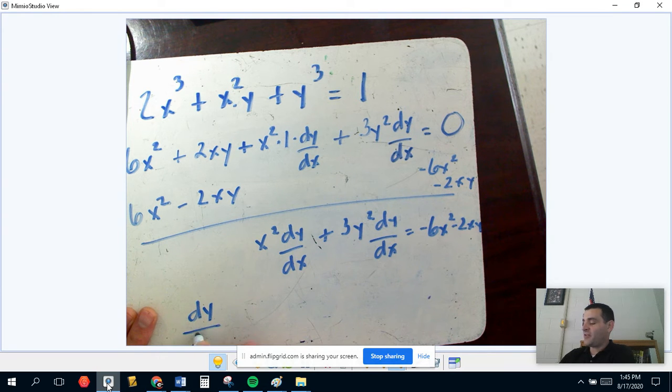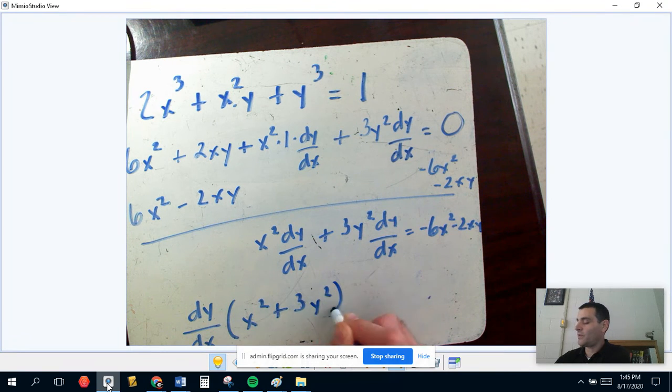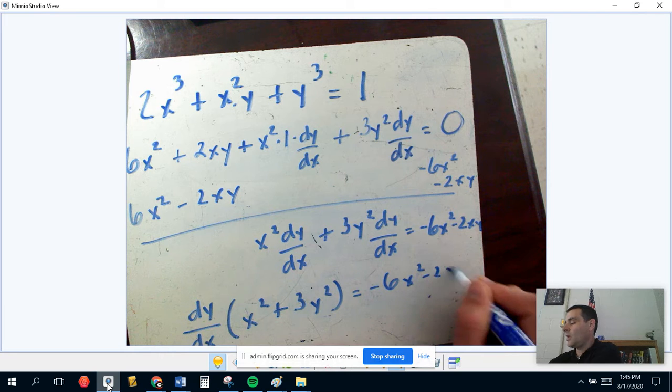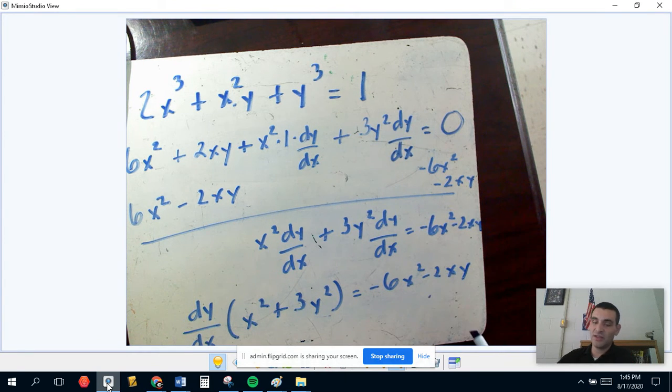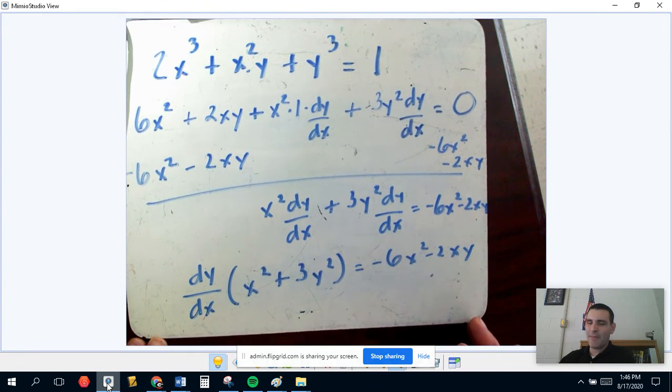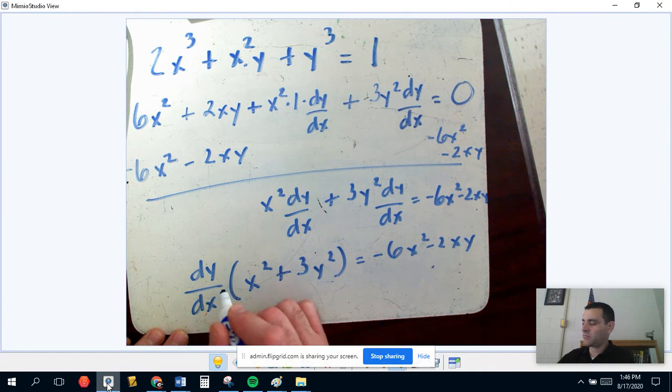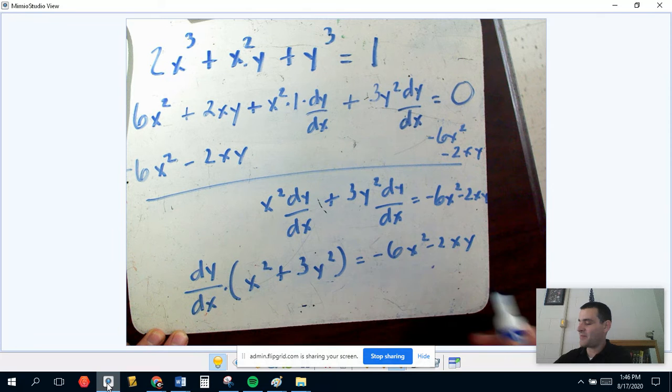But we can just factor out a dy dx, leaving behind this. And you'll develop a sense. Once you've done some of these, you can sort of bypass some of the algebra work. It's not necessary to show, okay, I've got to divide, so let me divide both sides.